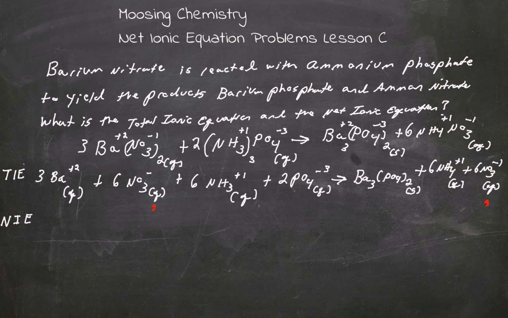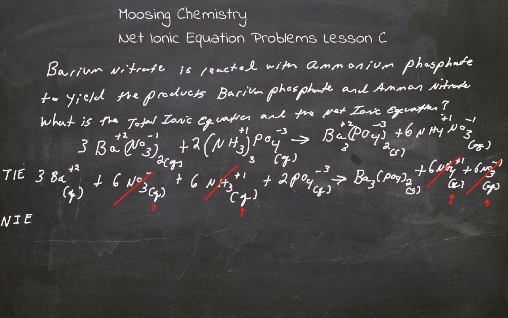So the first thing I'm going to do is get rid of that because it's a spectator ion. Look at this. Our ammonium is aqueous here and aqueous here, so it didn't change. So I'm going to get rid of that spectator ion. All right. Our phosphates are aqueous here and solid here, so they did change. So we don't get rid of those.